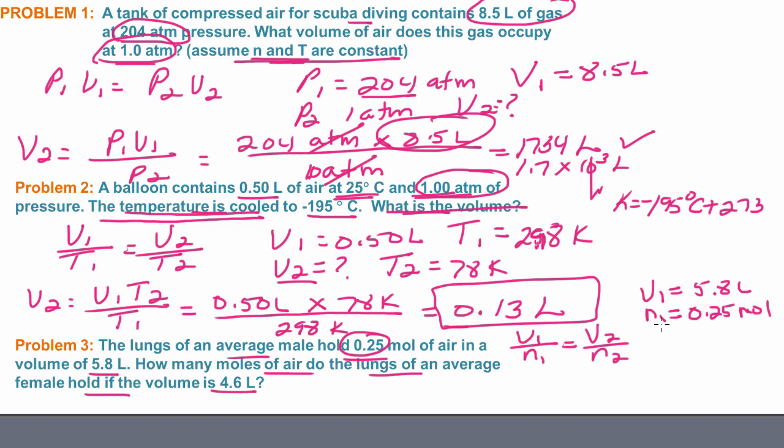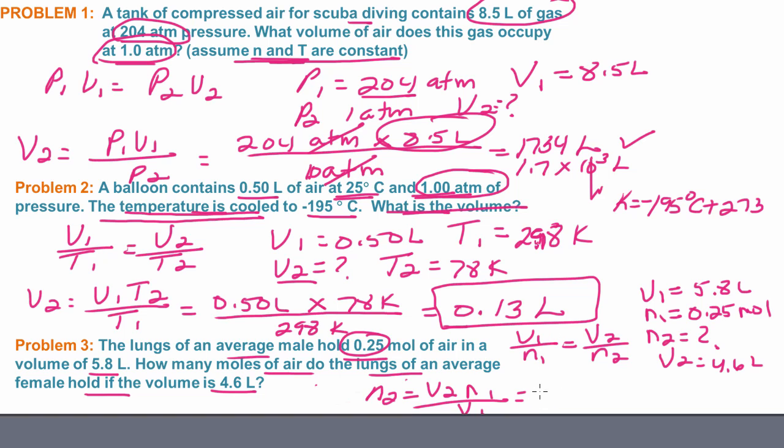N2 is what we're looking for, and V2 is 4.6 liters. So N2 is going to equal V2 times N1 over V1.